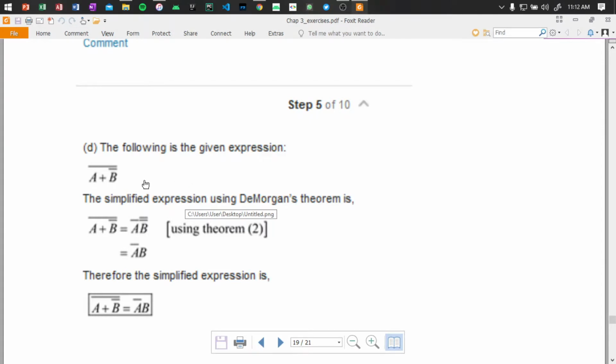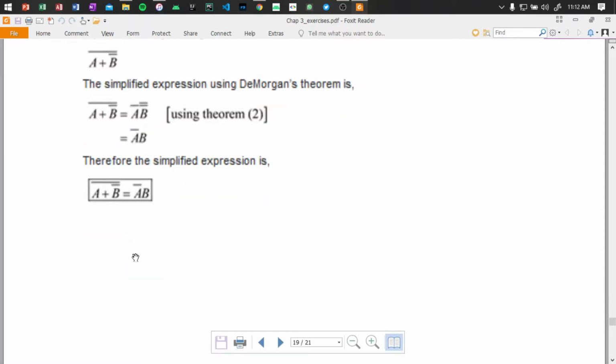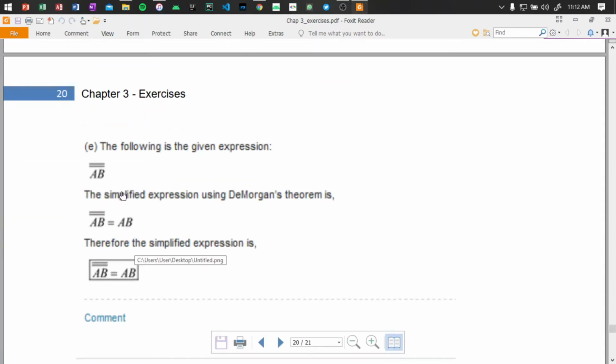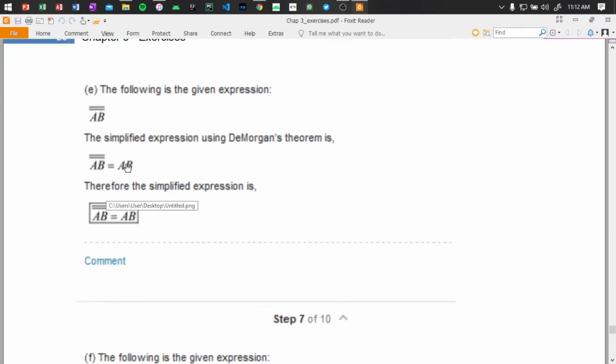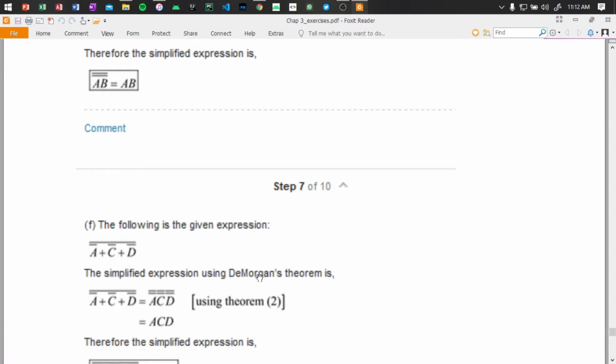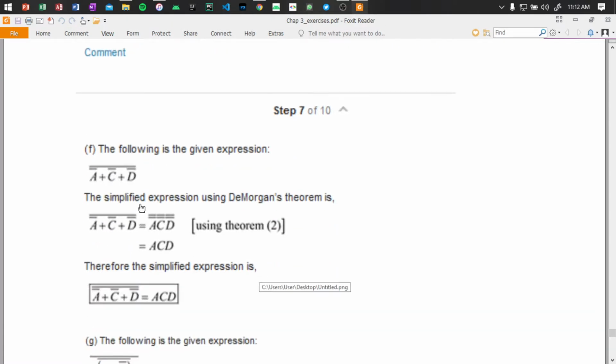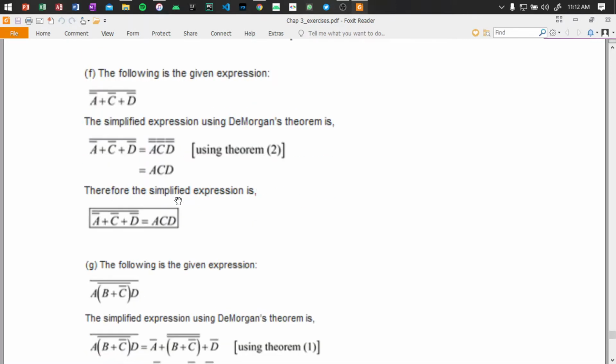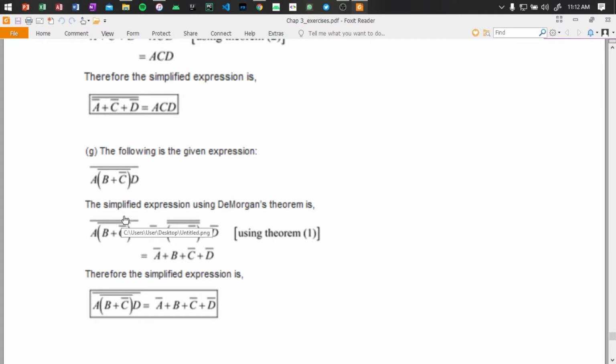This is A times B. This B inverted. This will not be inverted. Perfect. This would be the same but not inverted. The following expression would be like A plus C, A times C times D. This will be A prime.